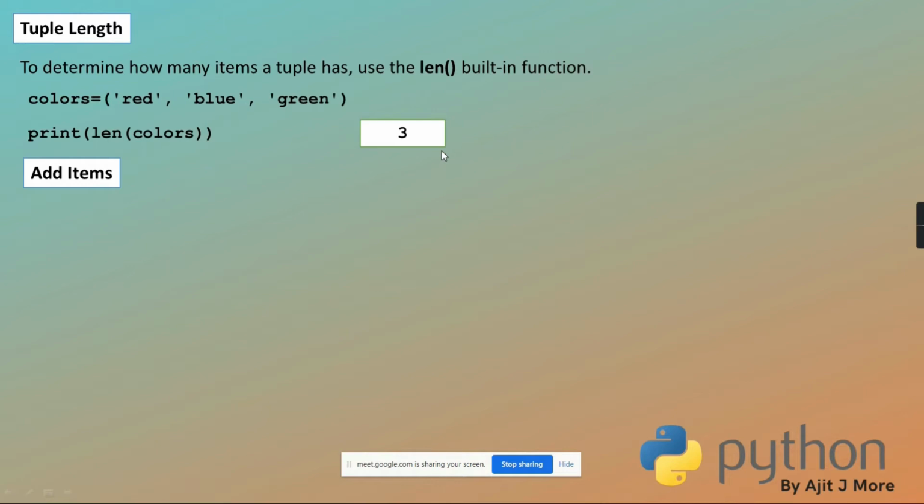But all those 3 methods are not applicable for a tuple. Why? Because tuple is immutable, unchangeable, you cannot change it. So as it is immutable, you cannot add, you cannot insert, or you cannot add one tuple inside another. It is going to give an error.